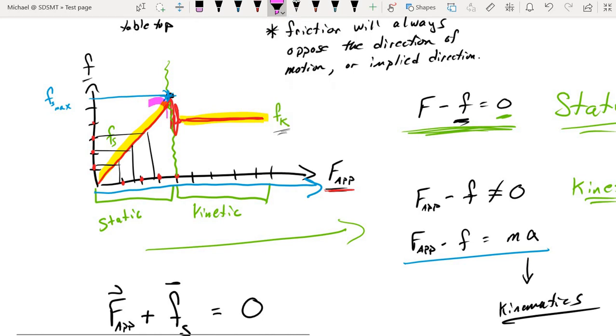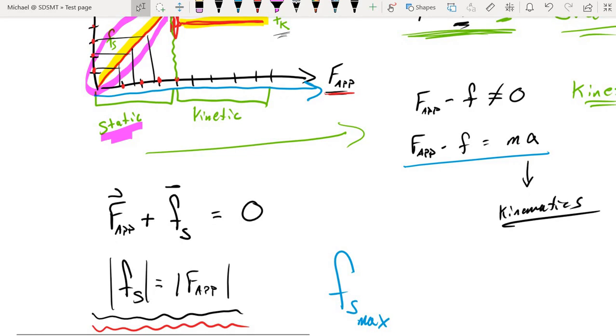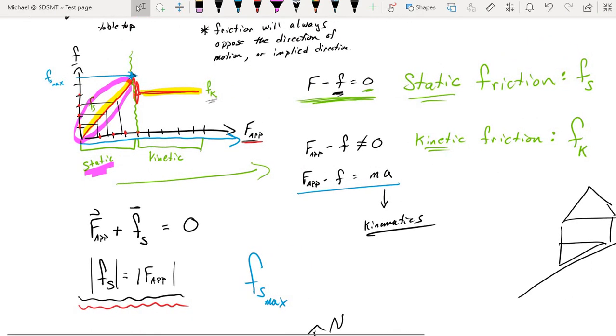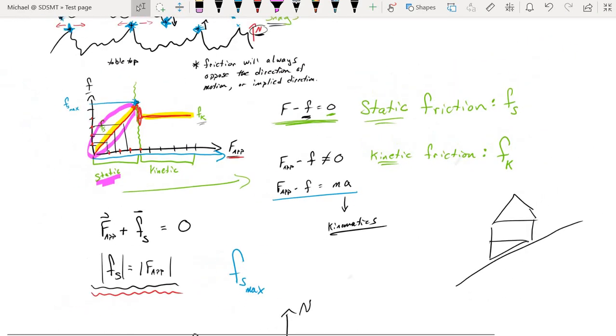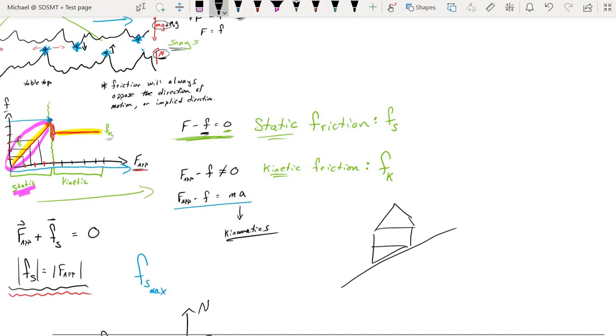Now, we already know that while we're in this static region of the graph, our static friction has to equal the applied force. Okay, our static friction is there to keep us immobile. Our static friction will never be any larger or any smaller than the applied force.